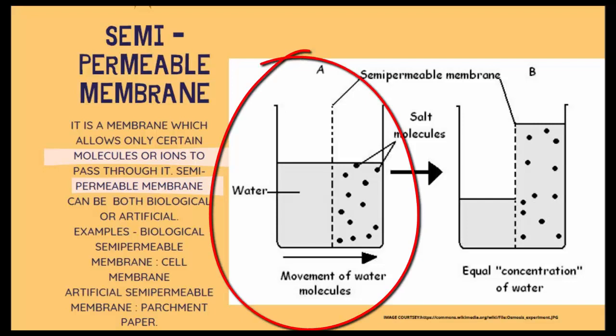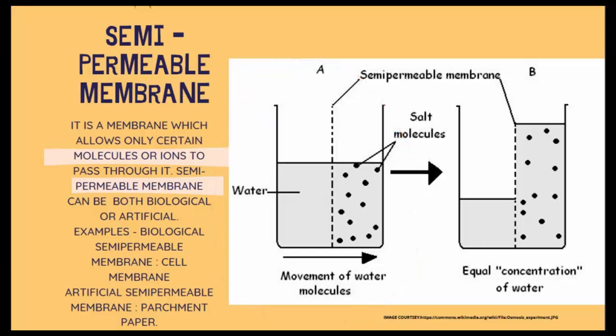In the A vessel, you can see that the water is separated with the help of this dotted line, which is acting as a semi-permeable membrane, from the salt solution. The movement of water molecules is taking place across this semi-permeable membrane towards the region of lower concentration of water molecules, and osmosis is taking place.